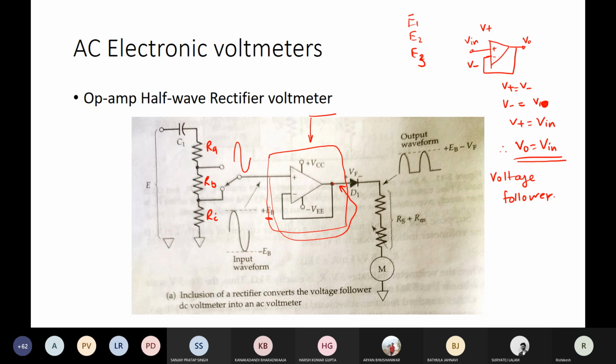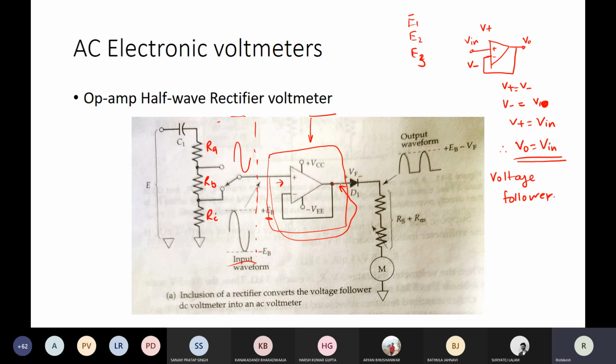Yes. Avoiding loading effect. That means this portion is now separated from the loading effect provided by the meter. By choosing this configuration, we have isolated these two in that this offers very high input impedance. So a very small amount of current is drawn from this part, but we need some current to drive the meter, and that is supplied by the op-amp.